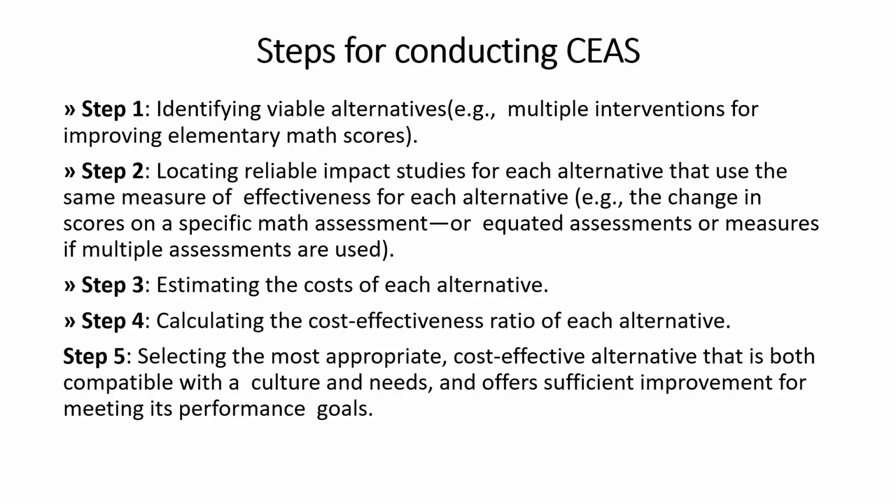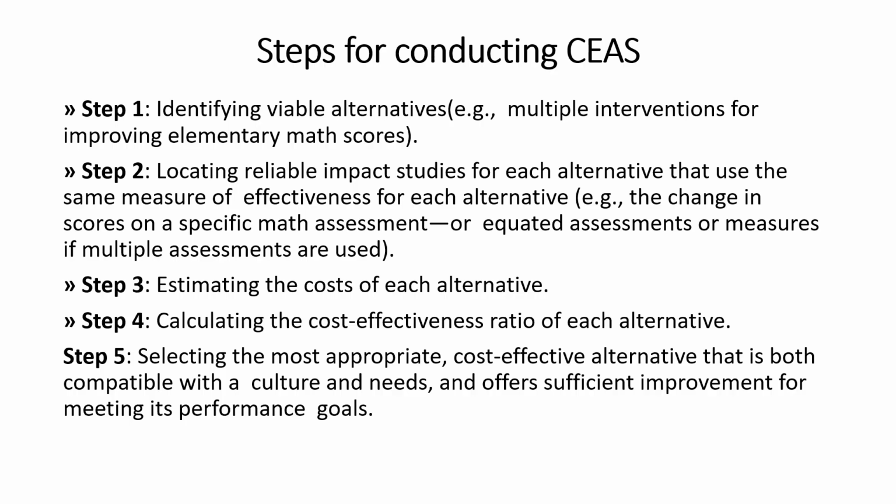multiple interventions for improving the mental health score, for example, or attendance, or enrollment. Step 2, locate reliable impact studies for each alternative that use the same measure of effectiveness for each alternative, e.g. change in score on specific math assessment, etc. Step 3, estimate the cost for each alternative. Step 4, calculate the cost-effective ratio of each alternative.